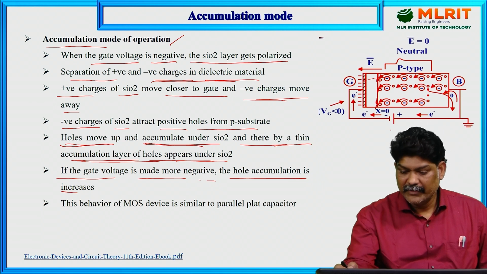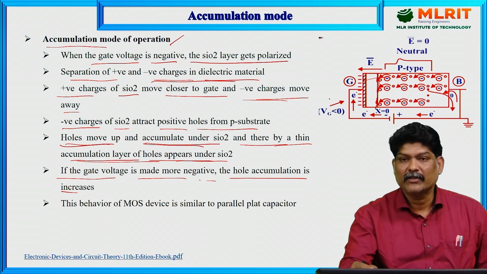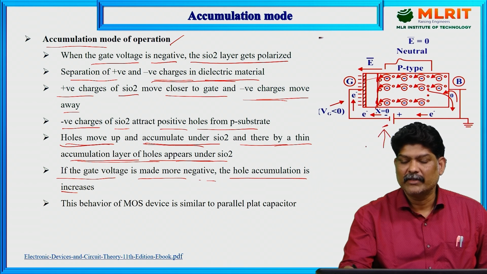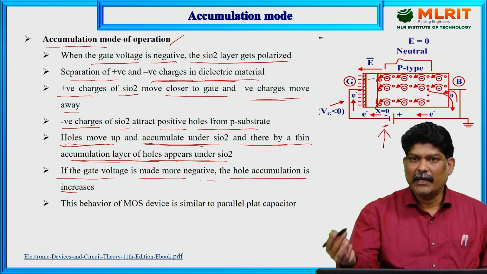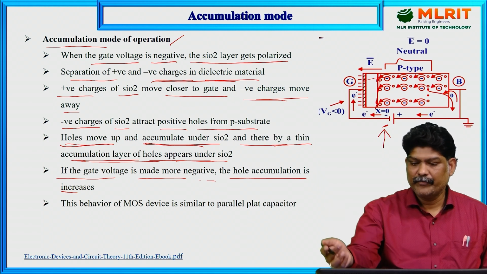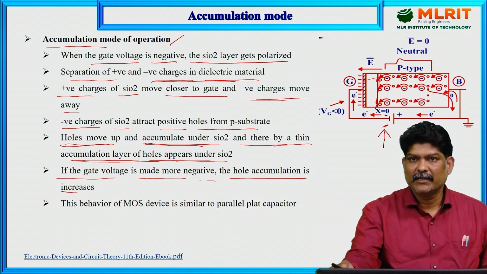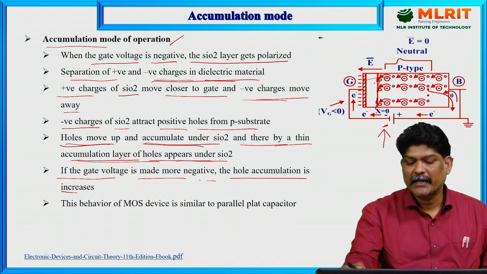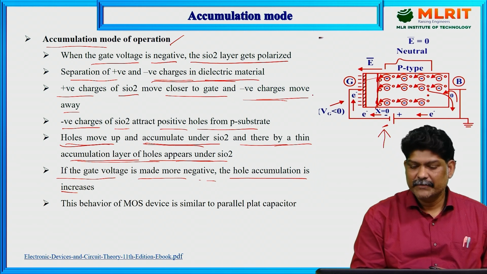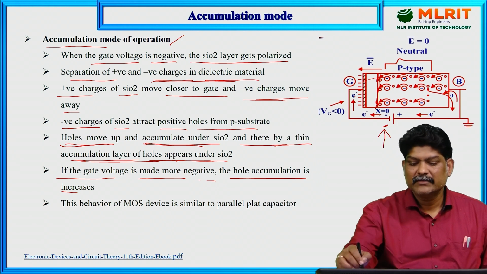So across gate to body, if you increase this gate voltage, more holes from the P substrate are attracted towards the gate, and in between you have the SiO2 layer.